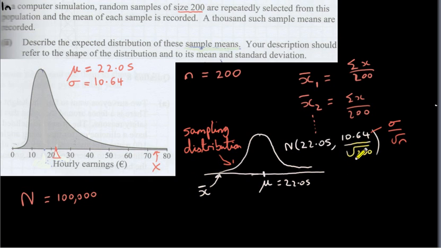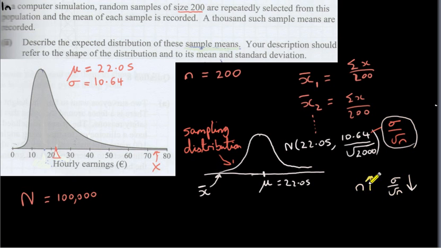Just as an aside, notice that if our sample size gets bigger and bigger, suppose we add another 0 onto this, so we have the square root of 2000, then the standard deviation of this is even smaller. So the standard deviation of our sampling distribution is this thing here, sigma over root n. By making n large, we see that the standard deviation sigma over root n goes down.